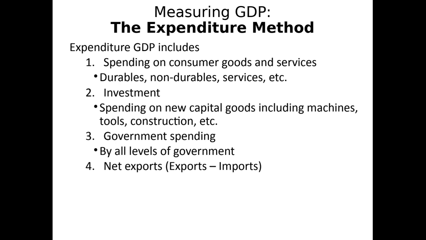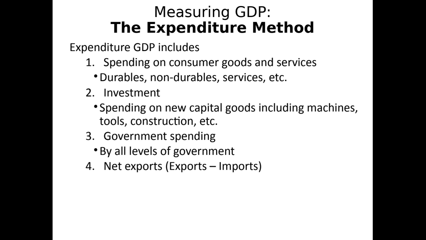For example, if I buy a truck for my own use, that is consumption expenditures. If an investor buys the exact same truck for his or her own business, that is investment expenditures. If the government buys that same truck, that is government expenditures.